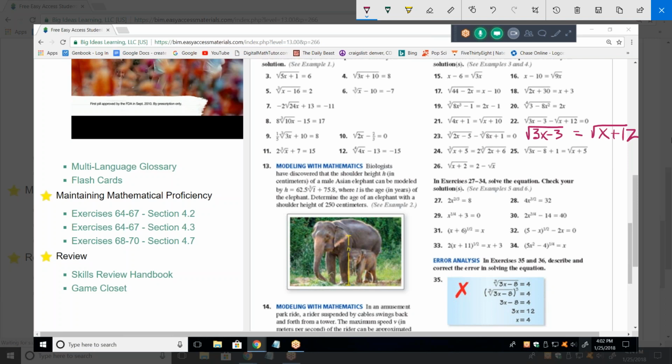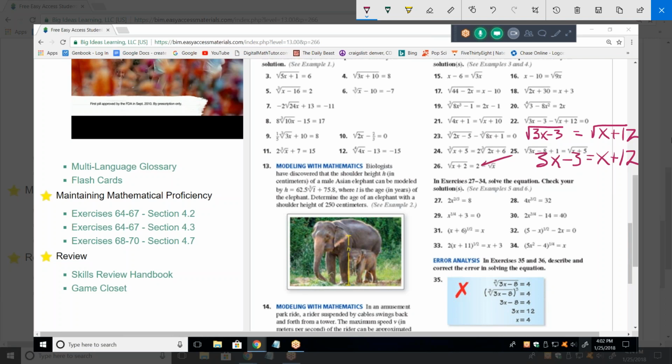Next line. So 3x minus 3 equals x plus 12. Next line. This time do both steps in one. In other words, don't do the number first and then the variable second. The reason I want you to do that is because at this point, you have to make a decision.